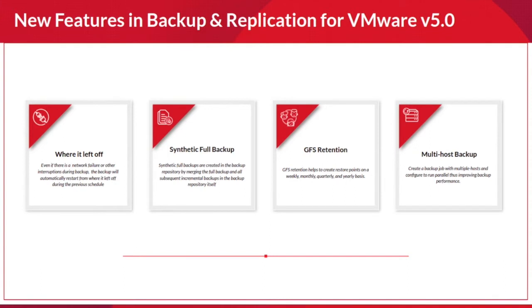If there is any interruption or network failure during the backup progress, and the machine or the network is fixed, then the next time the backup restarts, we don't send the entire data again. We'll send it from the valid left. For example, you're transferring data of a virtual machine of 100 GB.